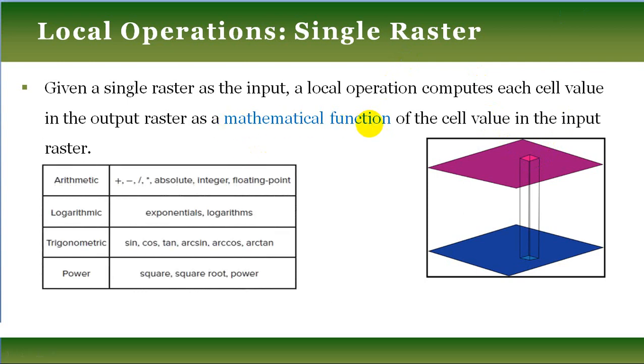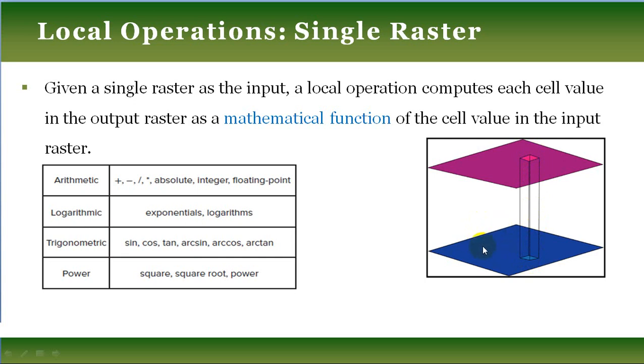We can perform different types of mathematical function, such as arithmetic functions: addition, subtraction, division, multiplication. For example, if a cell value in the input raster is 5 and you perform addition with 3, then in the output raster this cell's value will be 5 plus 3, that is 8.